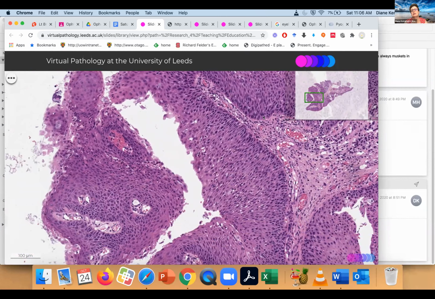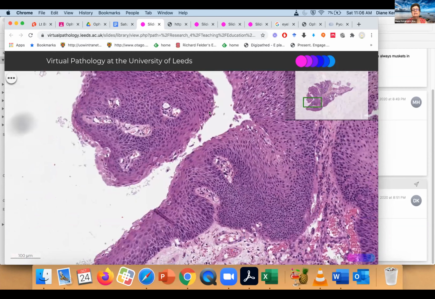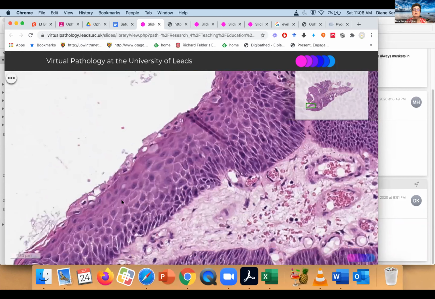Now, let's describe the squamous epithelium. It's non-keratinizing squamous epithelium. And the cells you can see stream up from the bottom, so they're all quite similar looking. In places, they do mature into cells that have little bridges between them, though we can't actually see it because the scan's not good enough.